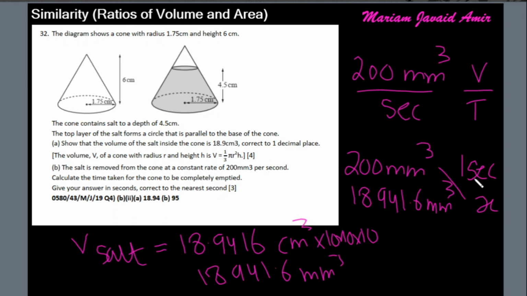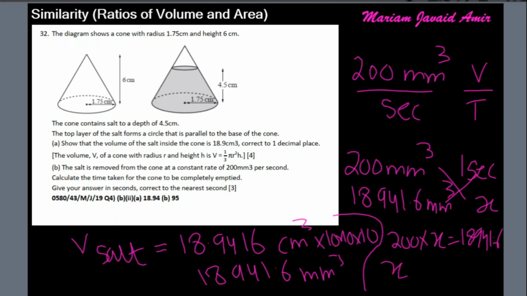X. So simply cross multiply, ignore all the units. So 200 times x equals 1 times 18941.6.